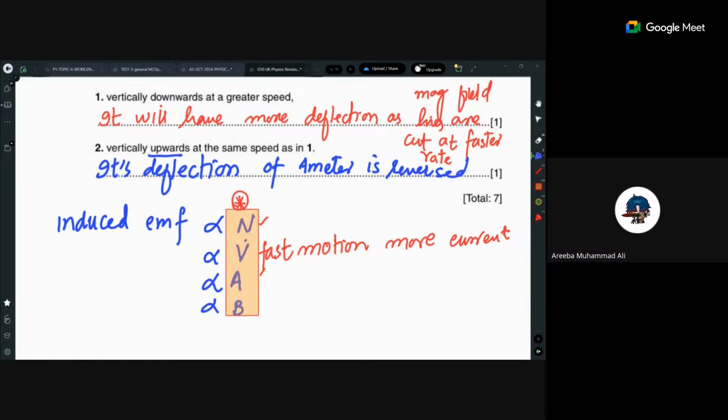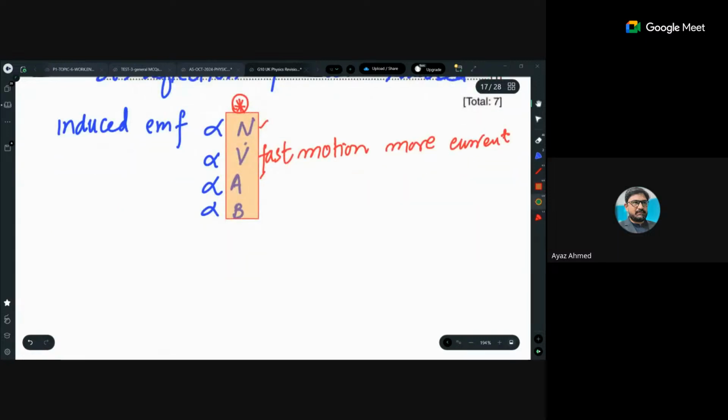Could you explain the Nawab thing a little more, sir? Nawab is nothing, just forget about it. N is number of turns, V is speed, A is area, B is magnetic flux density, the magnetic field. These are four factors which increase the induced EMF.